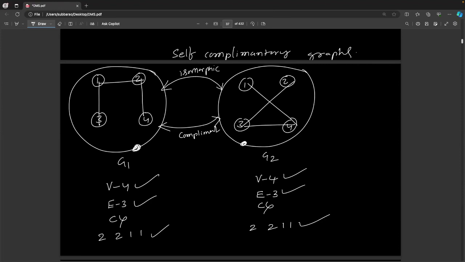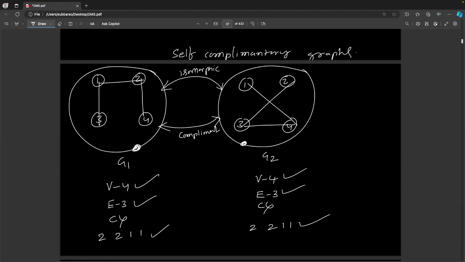Now, interesting question. Listen, everyone. The G1 graph contains 5 edges. I want an answer from you. G1 contains 5 edges and G1 is self-complementary.